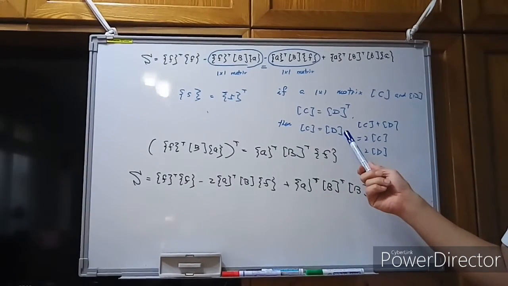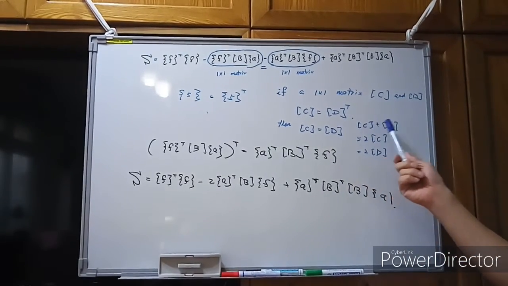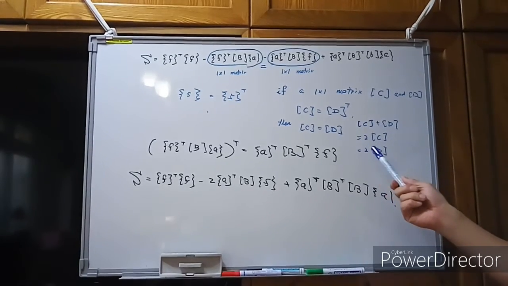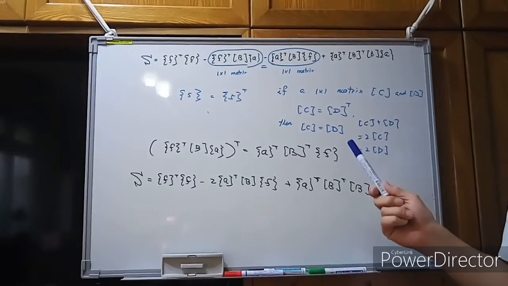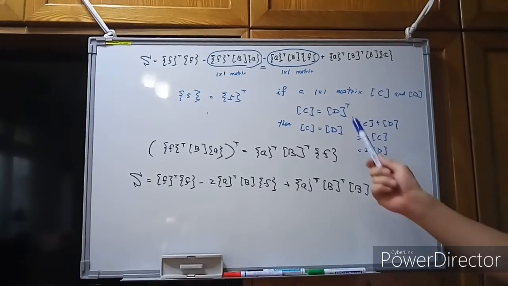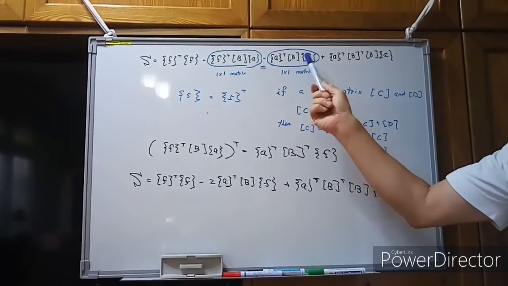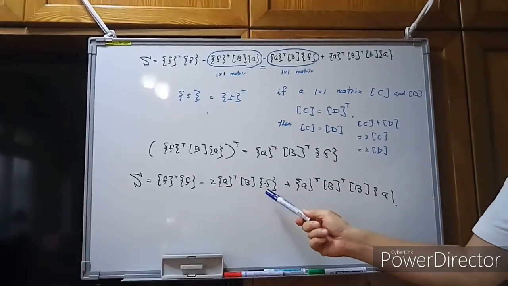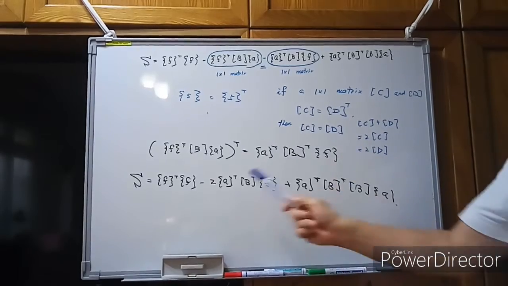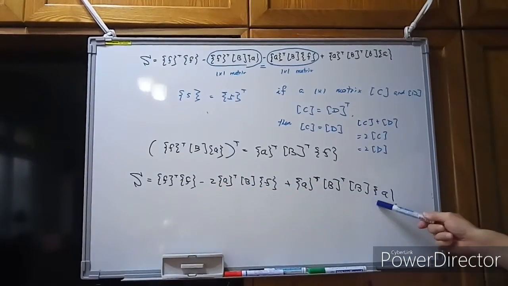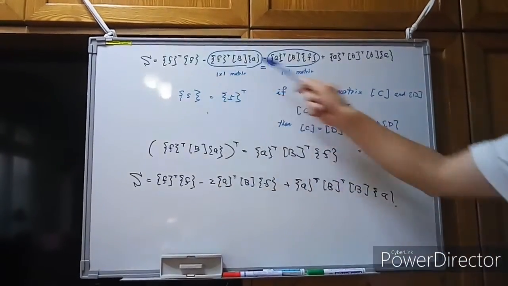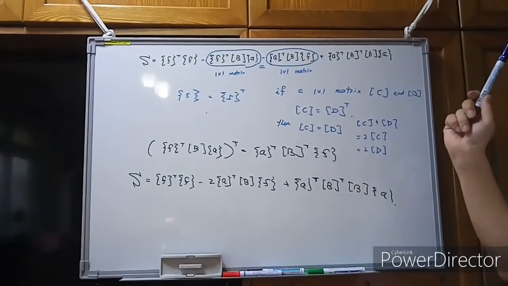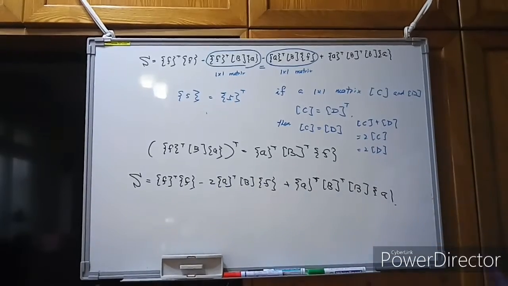If C is equal to D, then C plus D will be twice the C matrix or twice the D matrix. We can use either one. And right now I choose the third term to make it double. Okay, so this one is capital S. This one is also capital S, but we can always combine the second term and the third term to use this one.